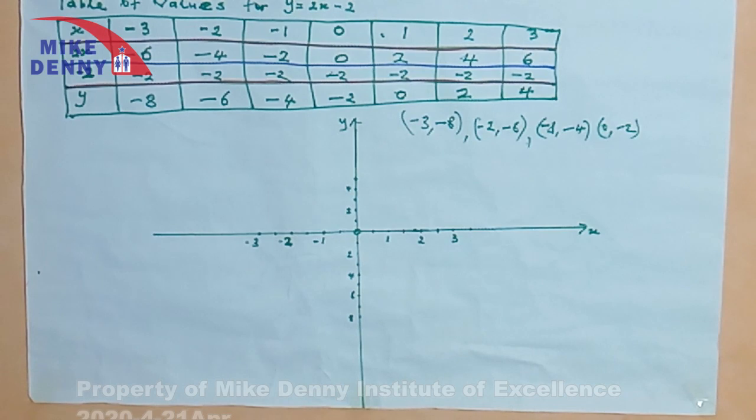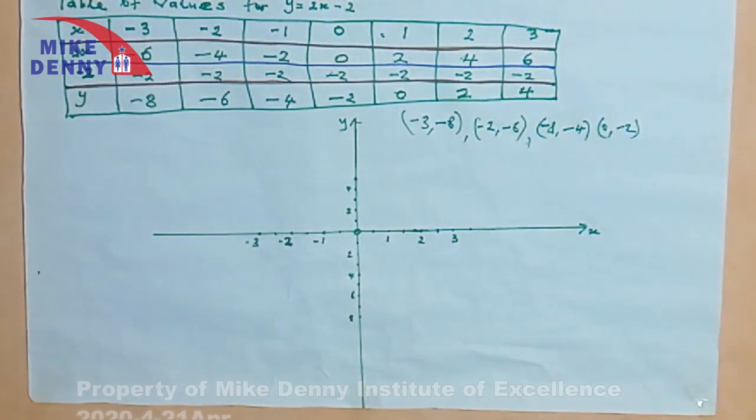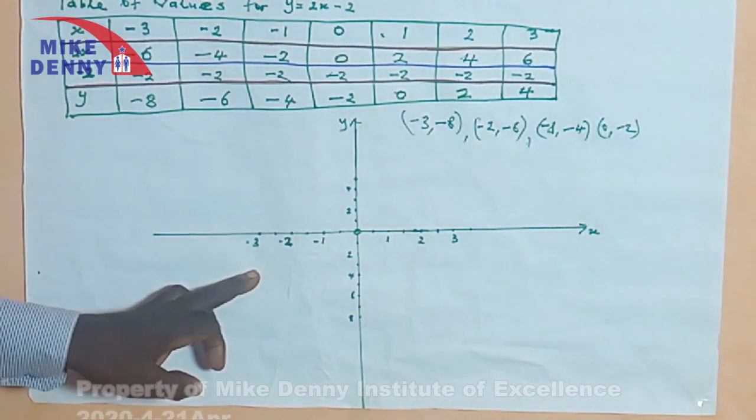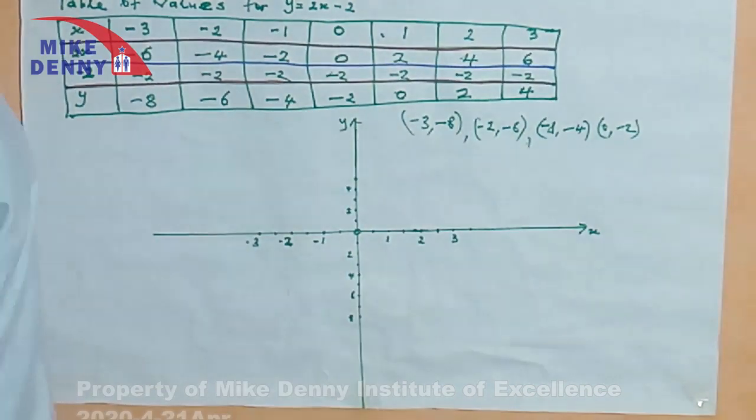So plotting the relation means representing the object with its image on the graph. And as I said, these are ordered pairs. The first values are values of x, and the second values are values of y.